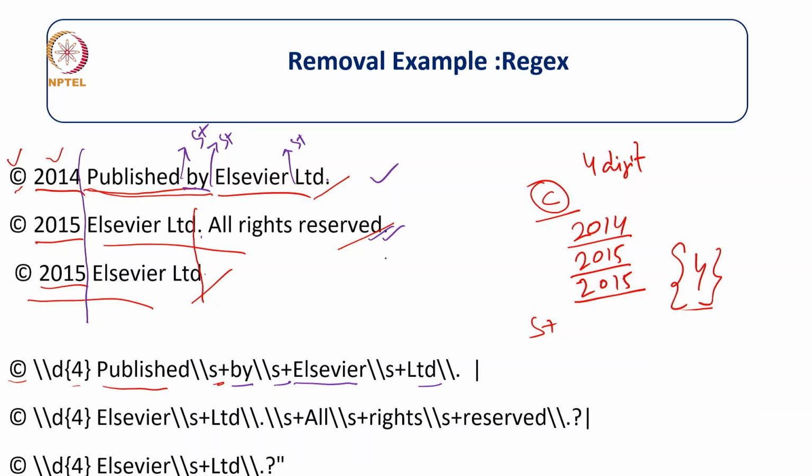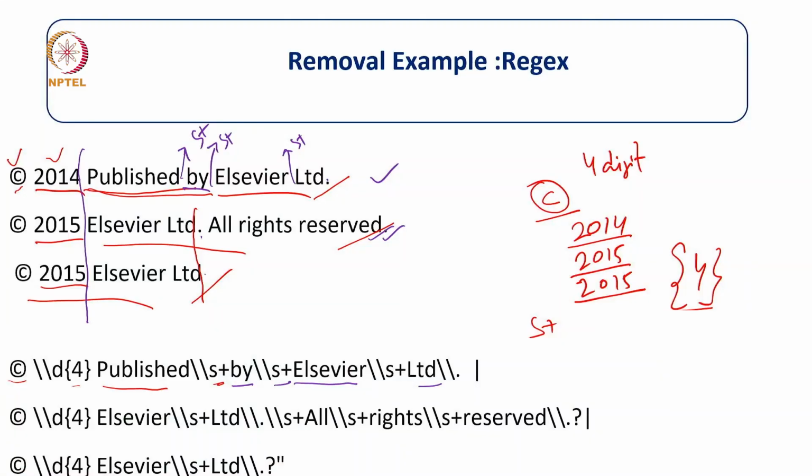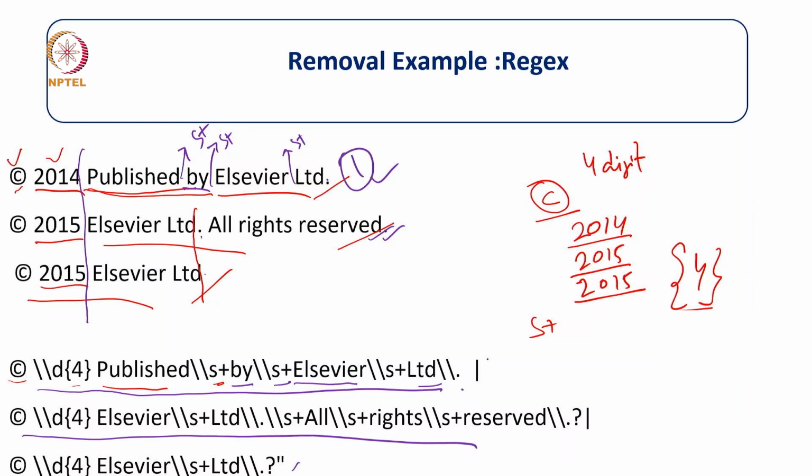So these are the three patterns we have identified, and we have defined three regexes to match them. If you see here, this is my one regular expression. This is another regular expression to match this one. Then this is for matching the second, and this is to match this third one.